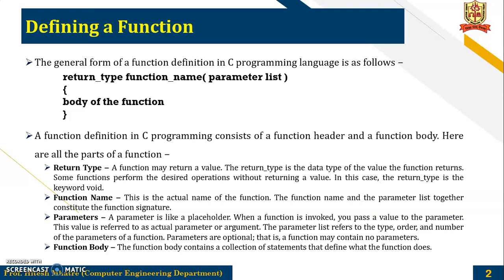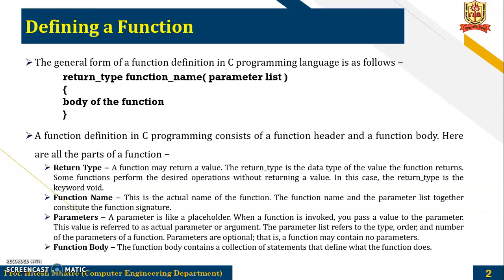The parameter list refers to the type, order, and number of parameters of a function. Parameters are optional, that is, a function may contain no parameters. If you want to pass any values, then you have to specify the parameters. If you do not want to pass any values to the function, like the main function which has empty braces, it can be a function without parameters.